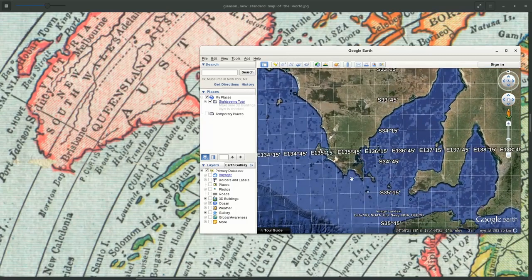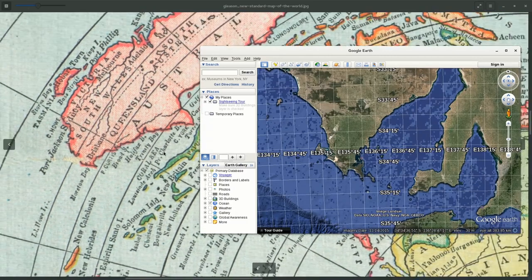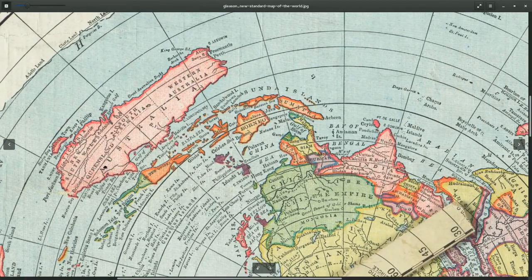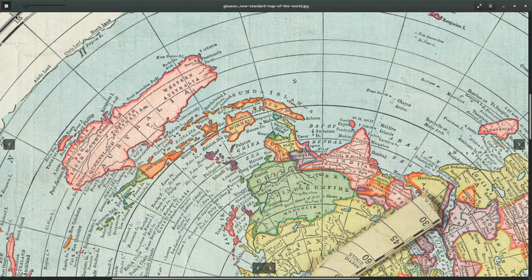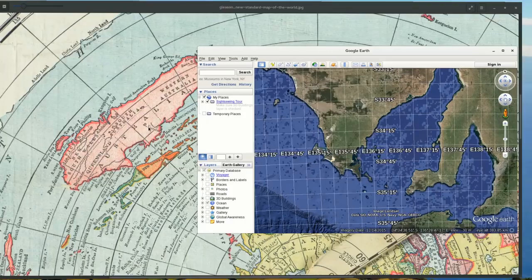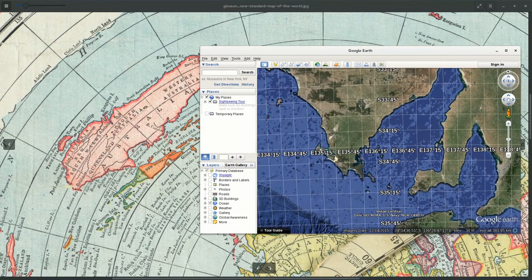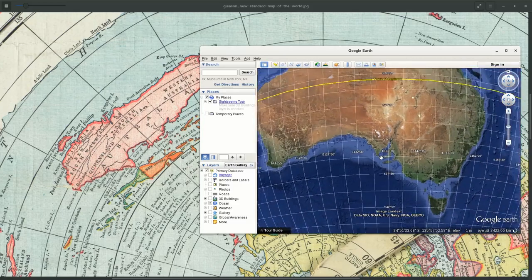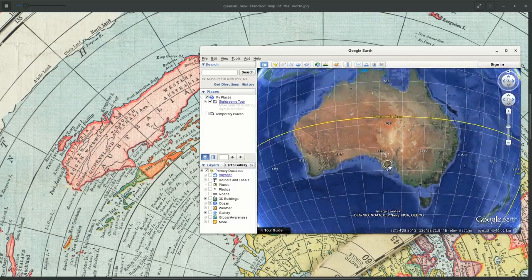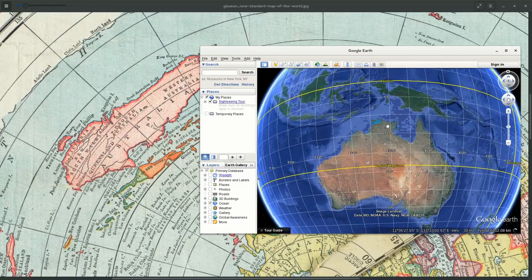And as you can see, you can tell by the geographic points that when you look at the Gleason map and zoom in, you notice the 135 degrees is exactly where it goes through. So there's a distinct look, but yet all the coordinates match up perfectly. So we have a question: how can that be?